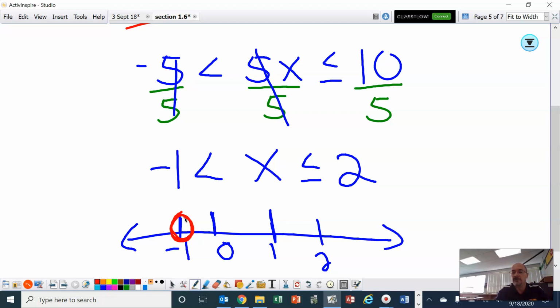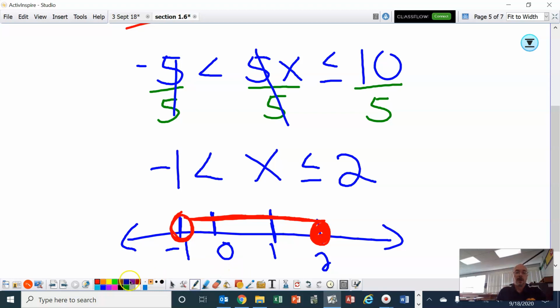But on the +2, it is a solid dot. And since x is between the 2, we connect those 2 like this. No arrows allowed on that compound inequality. If you extend the line and put an arrow on it, it's wrong.